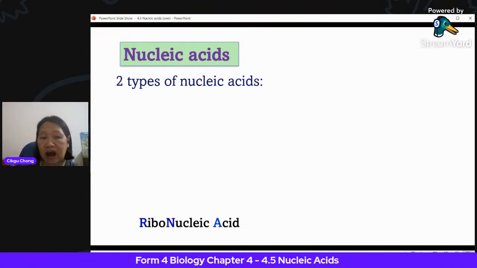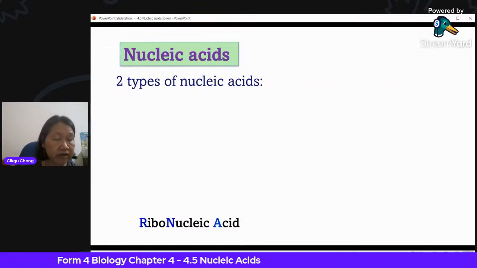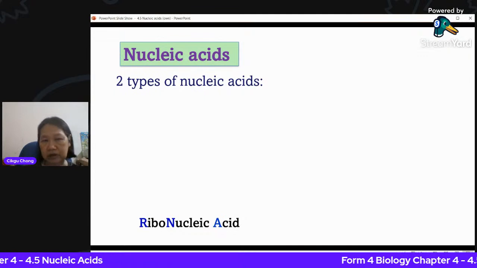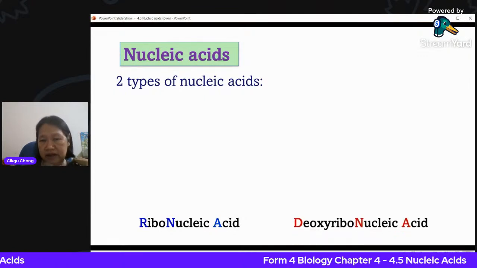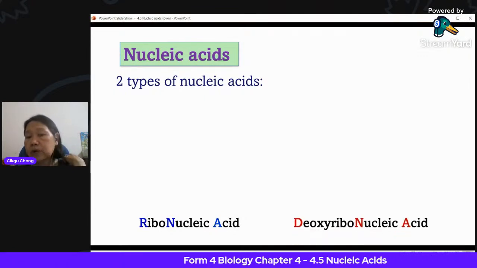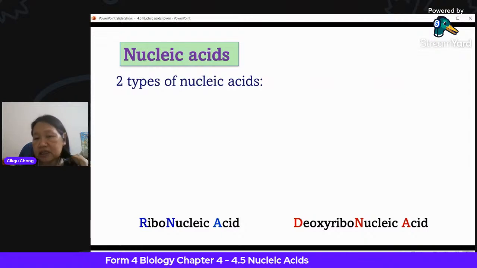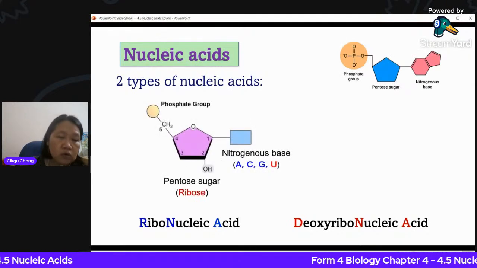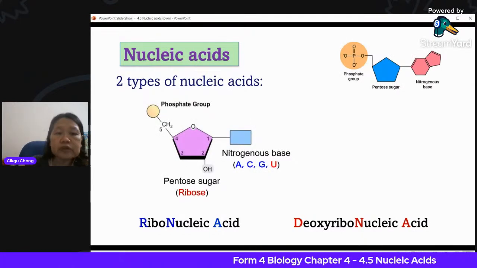If it's RNA, RNA stands for ribonucleic acid. You see the word ribo, that means the sugar here. The other one is called deoxyribonucleic acid. So DNA, RNA and DNA. The only difference is the type of sugar.